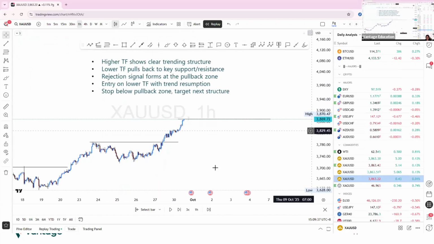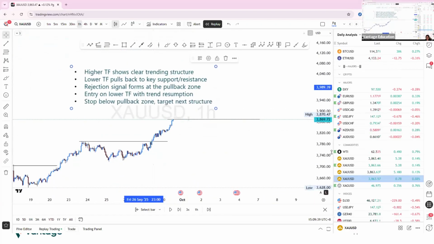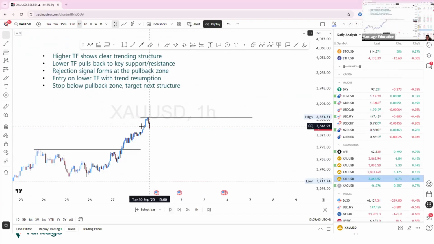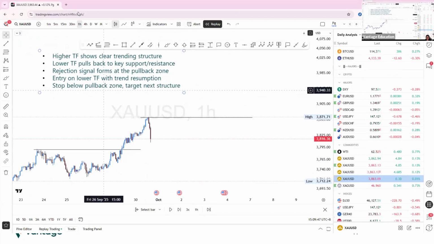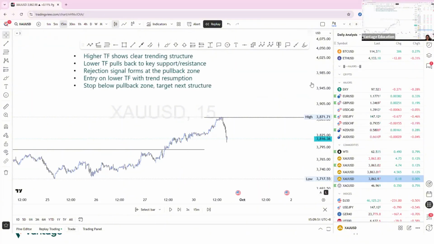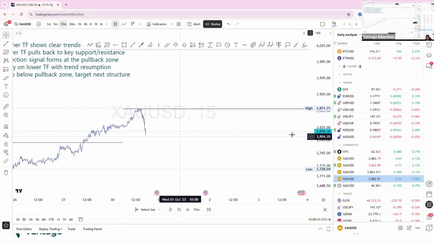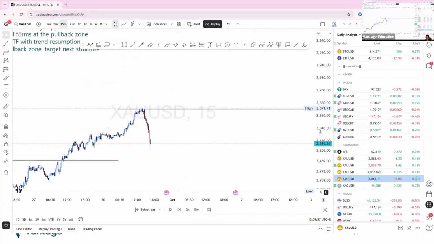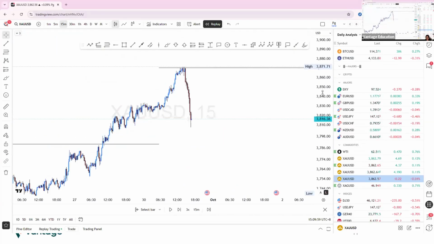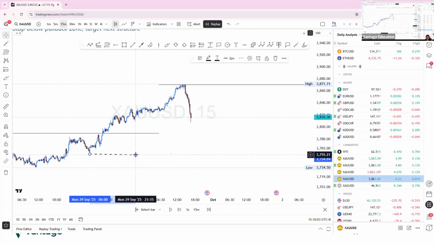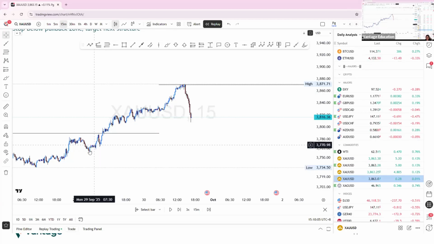First, this is the pullback, and we can see price has made bearish momentum coming down. Then you go to M15 or M5 for your precise entry, from this low.